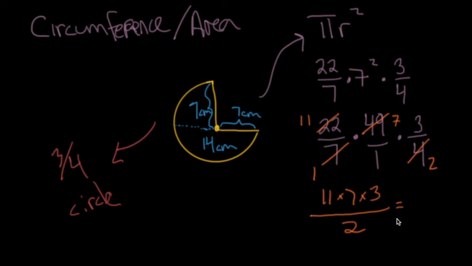Okay, so that's basically what you're going to be doing. So depending on your teacher, they might let you use calculators for this, or they might not. I don't know. It depends. So you get 231 over 2, basically. So 231 over 2 centimeters squared.